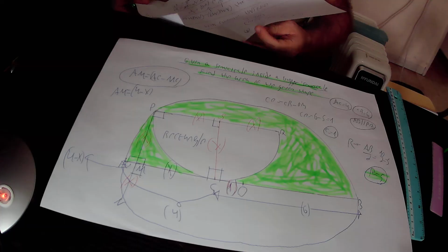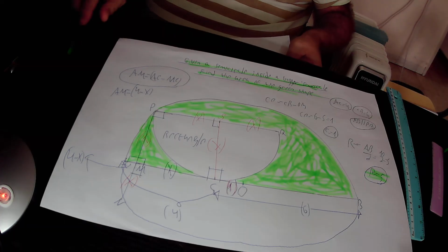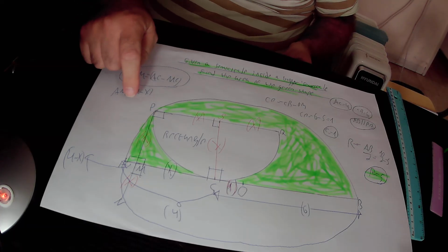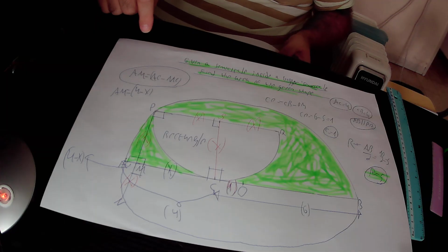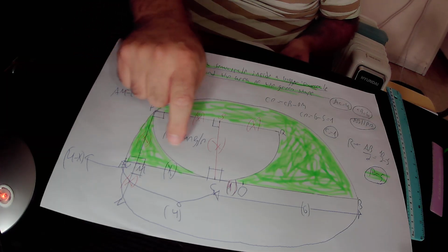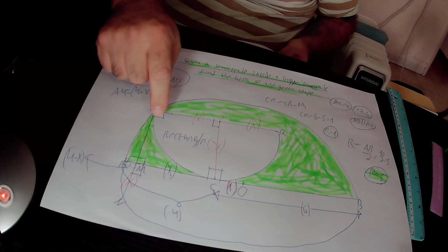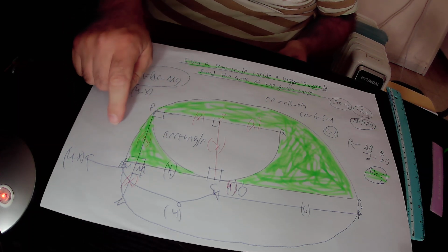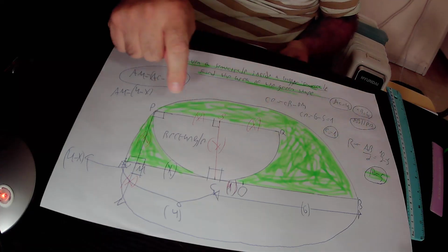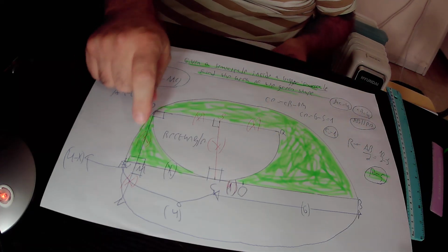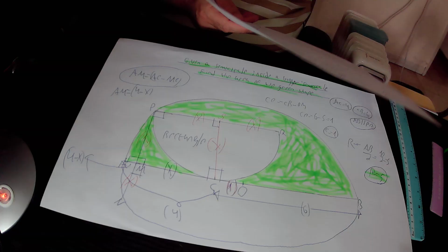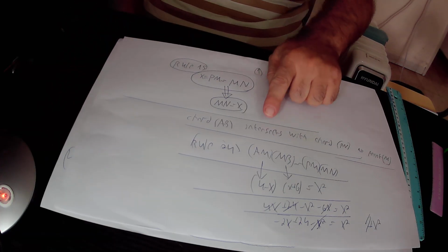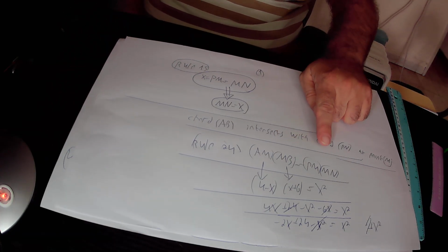According to rule 24, the following equation is true: AM times MB equals PM times MN.